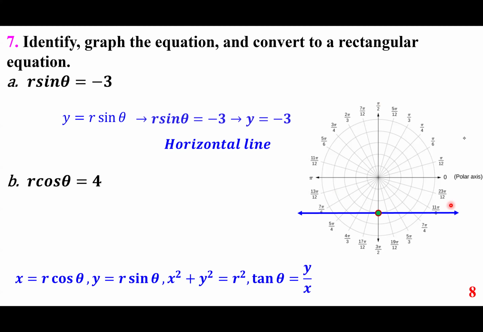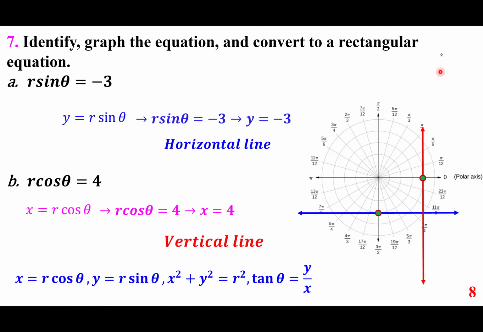Again, this grid is in essence a combination of polar coordinate and rectangular coordinate. R cosine theta, we know it to be x. So x equals 4 is a vertical line. You locate 4, 0, 1, 2, 3, 4, and then draw a vertical line.